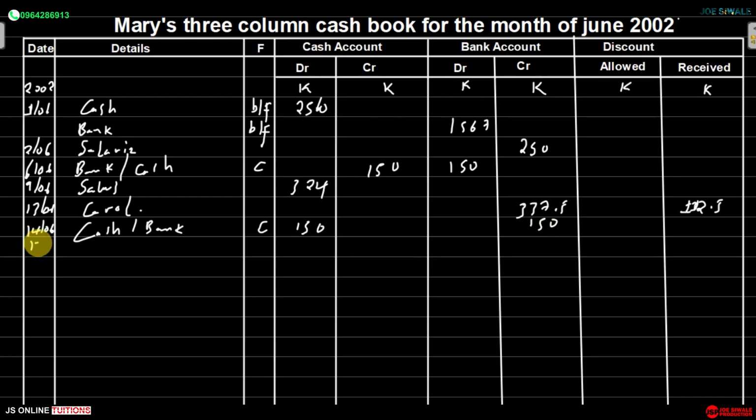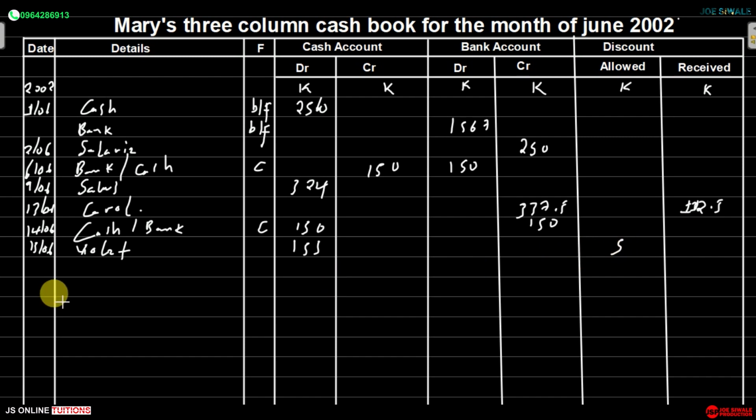So 15th of June, we're going to say Violet. Since the business was receiving that amount, we're going to debit the cash account 155, and we allowed a discount of 5.